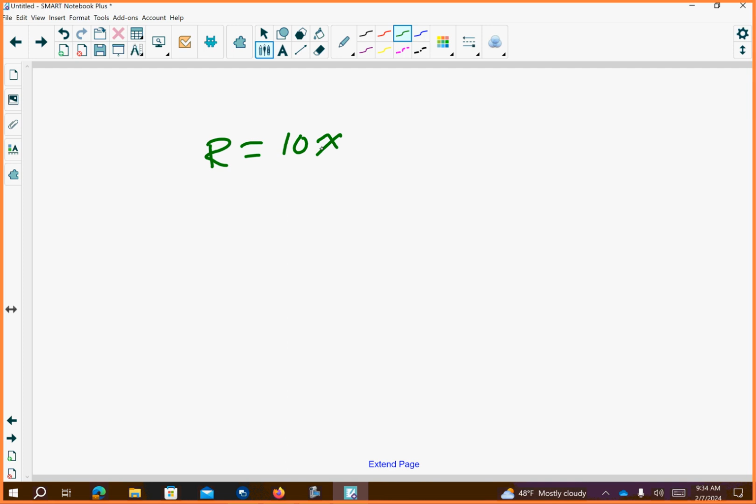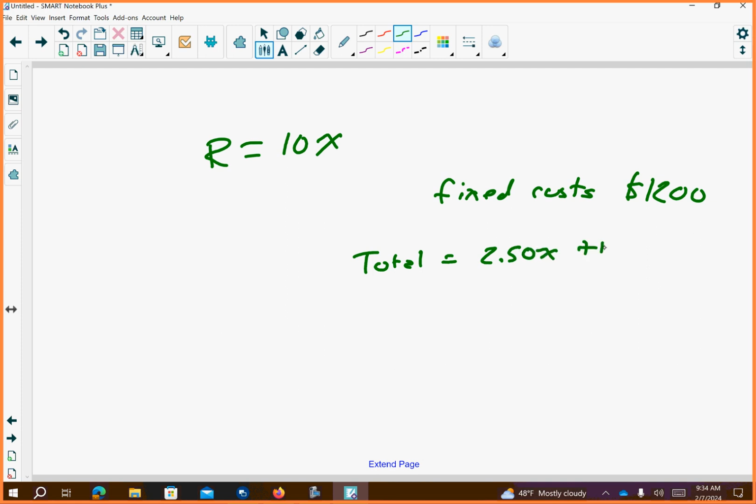And then we know that the fixed costs, I'm just going to put this off to the side, are $1,200. So that'd be like our rent and our utilities. So if we were to say that our total cost is going to be the $2.50 it costs us to make each unit, plus the $1,200 that it costs to have my store open or my manufacturing plant open. Okay?